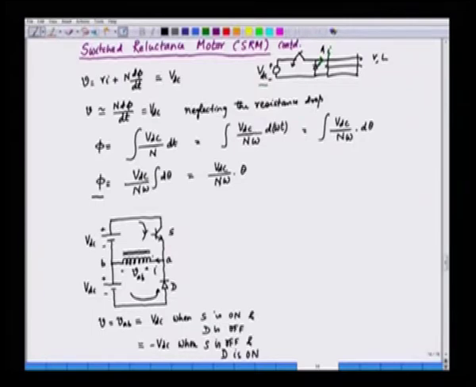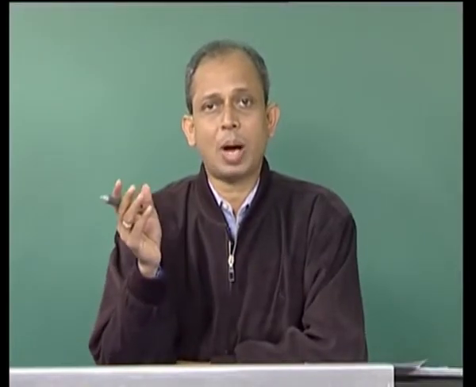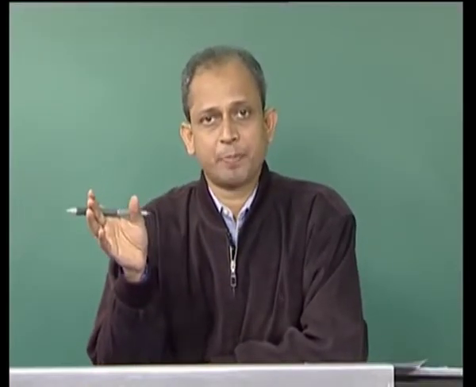So, in fact, when we switch on S, I increases, and when we switch off S, I will decrease. We are applying minus VDC to this particular winding, and the current will fall quite quickly. So, we can apply both plus VDC and minus VDC through the winding to control the current.